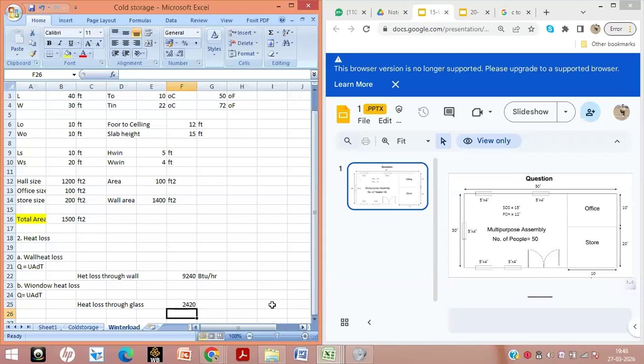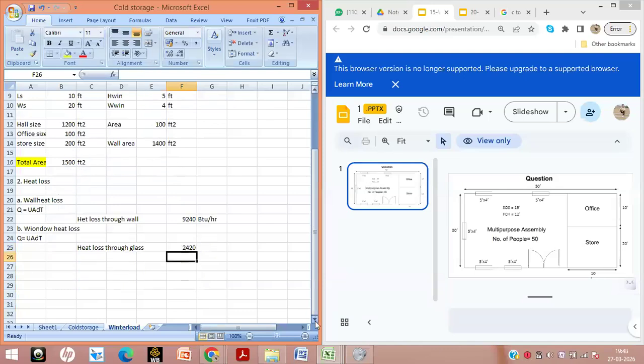So we got 2420 BTU per hour, the heat loss through glass or window.